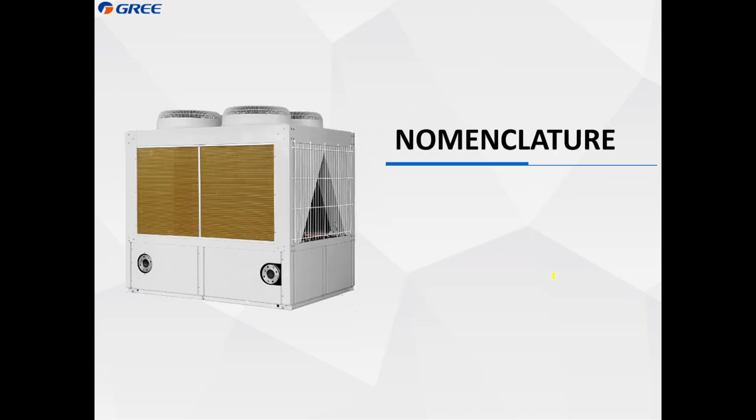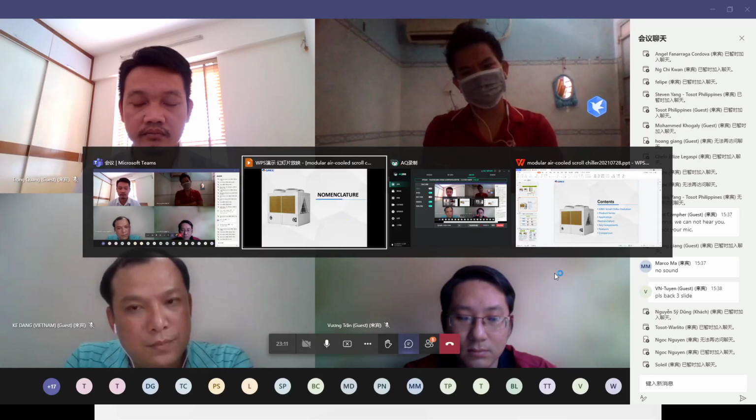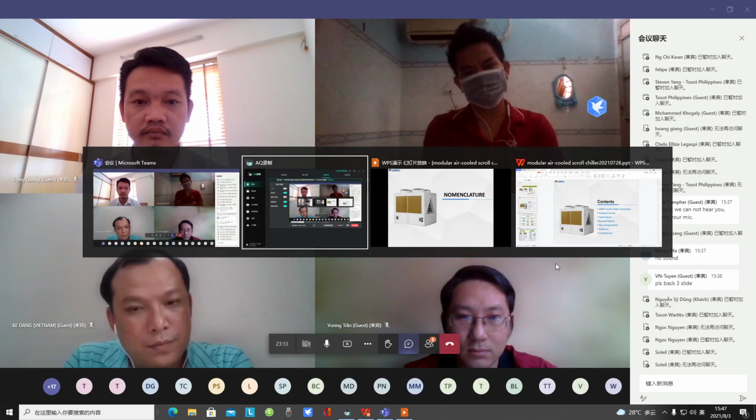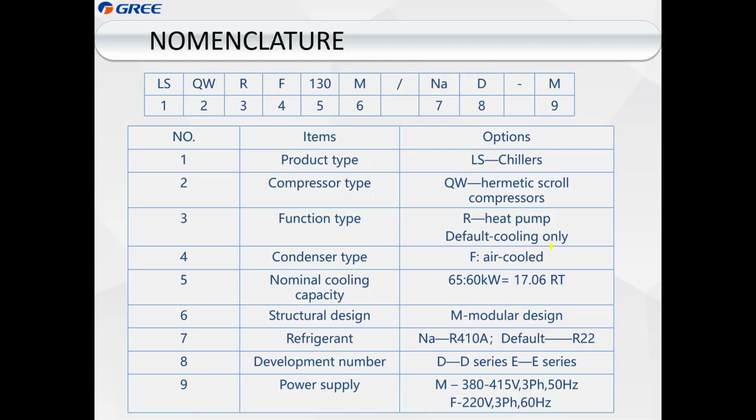And then next we see the nomenclature. From this table we see that LS is chiller, QW is hermetic screw compressor, and then the function type.